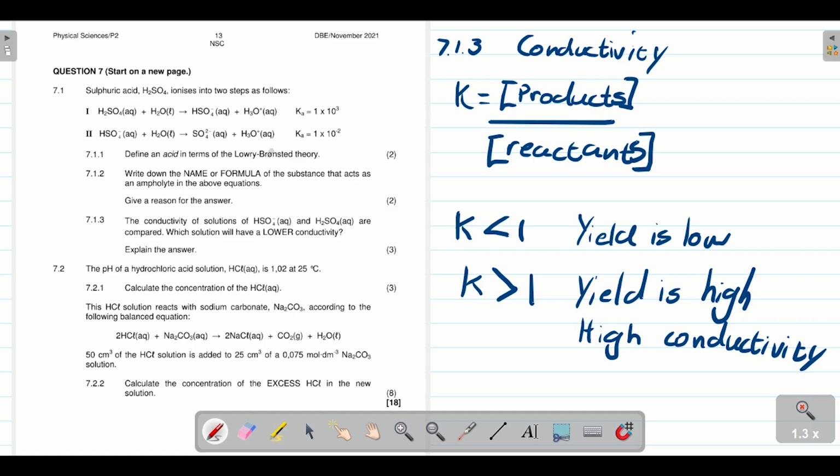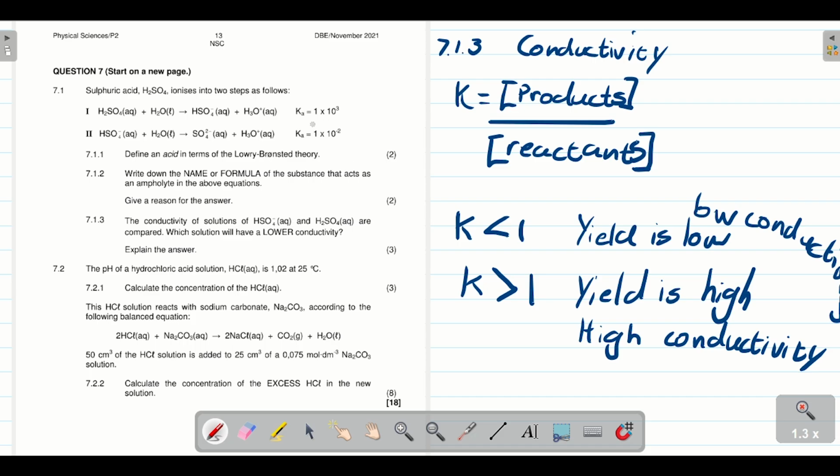Whereas for a reaction that produces ions, if the K value is low, then we'll have a low conductivity. So, if we go back to our question, they want to know which solution will have a lower conductivity than the rest.